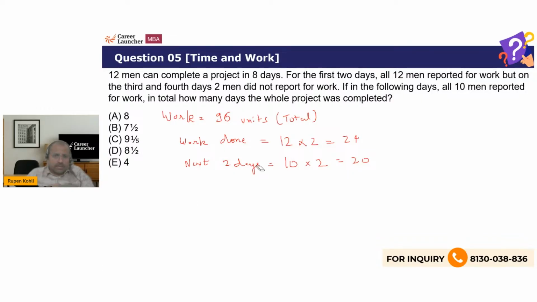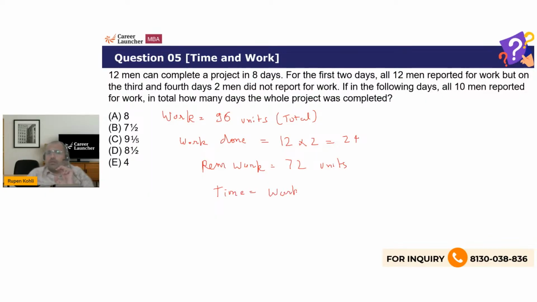Simple, right? So actually I can just say, okay, remaining work is 72, right? And now 10 men were coming every day. So how many days will be required? That's what the question is, right? So remaining work being 72, and from the third day onwards 10 men are coming. So now time is work by rate.